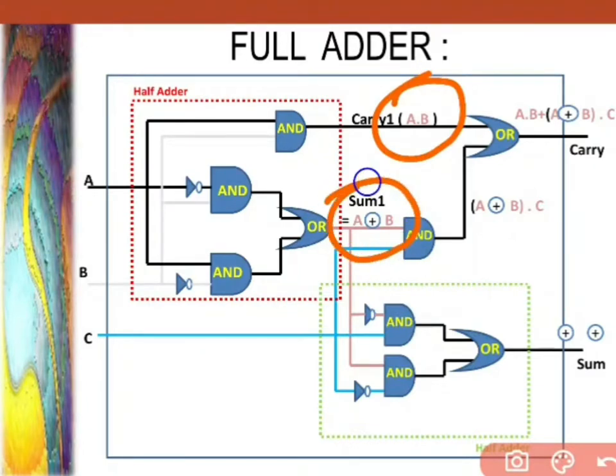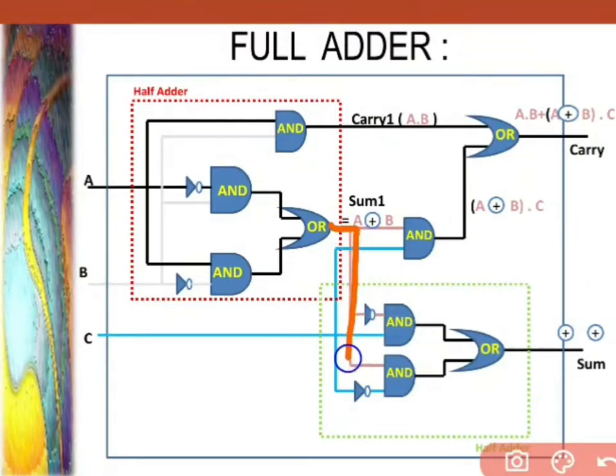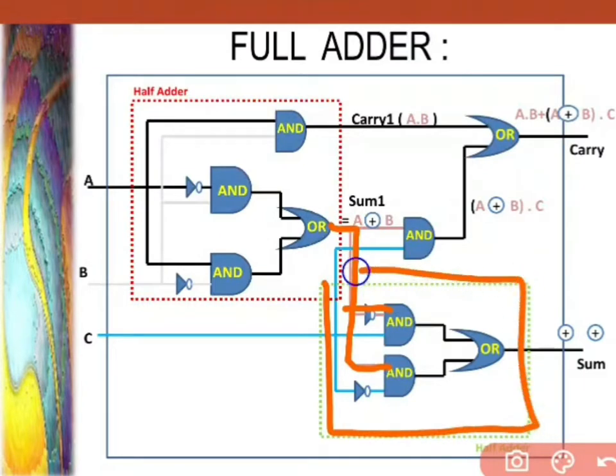The sum of the first half adder is provided to the next half adder, and we also provide the third bit.